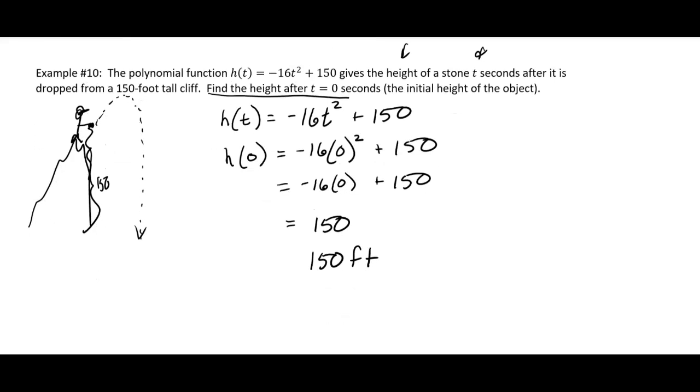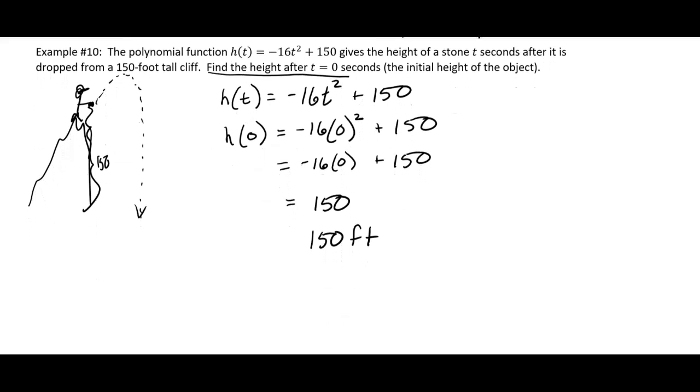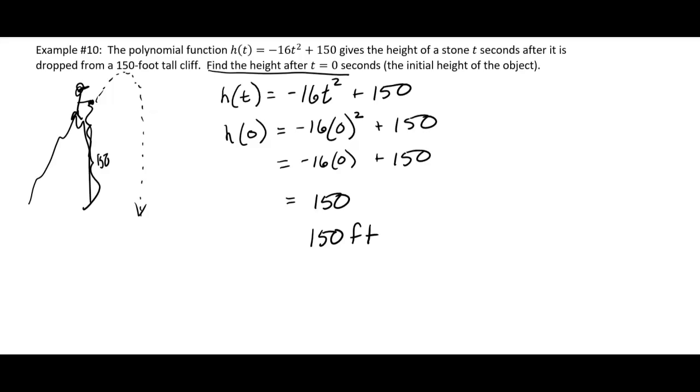Okay, now I'm going to add in another problem because that one was exciting, but you didn't get to throw the rock. So let's see what happens if t is 2. So let's say you throw the rock 1001, 1002. We want to know how high off the ground it is at that second. So we're going to say, what is h of 2?